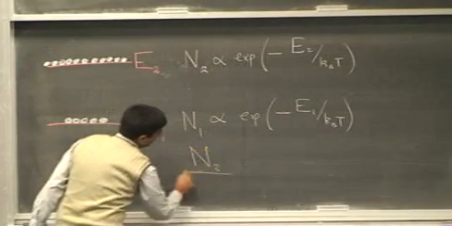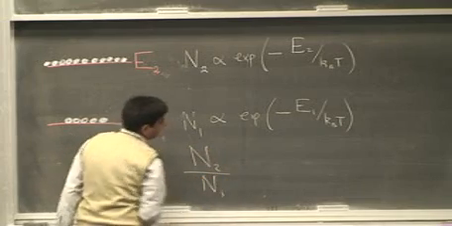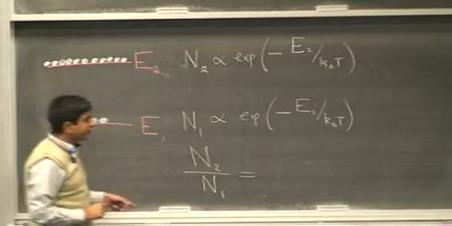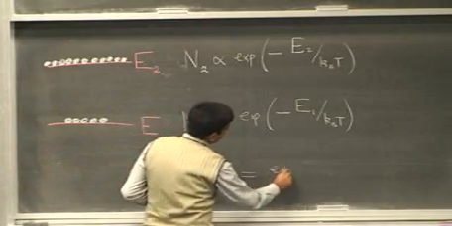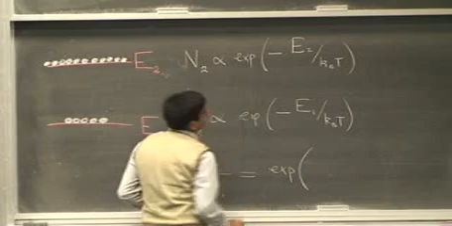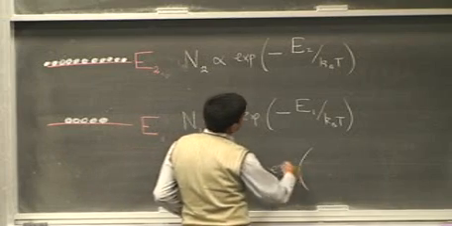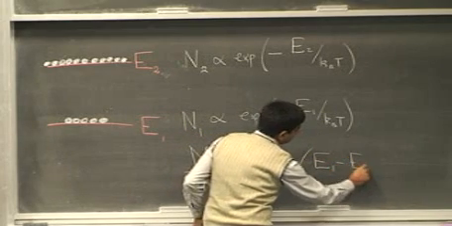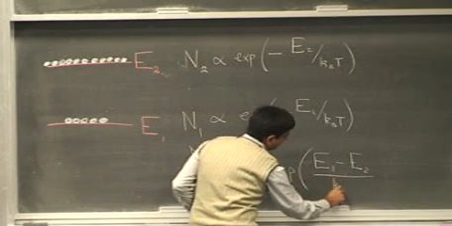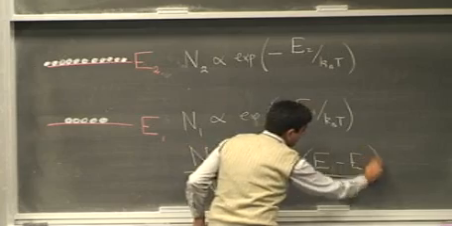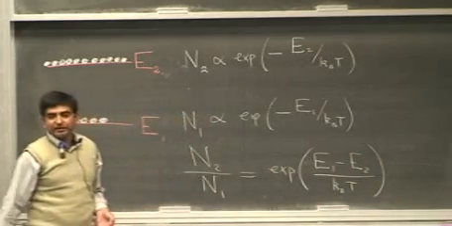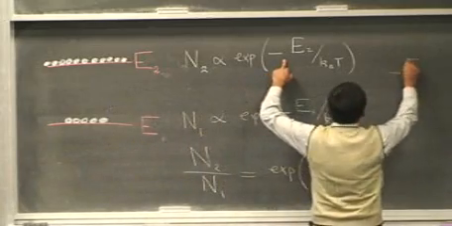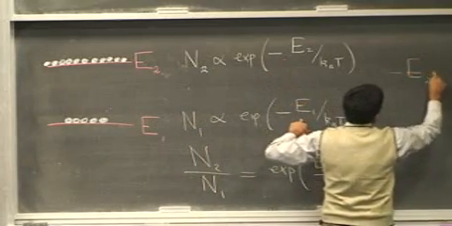N2 over N1 is equal to, it's not now proportional, it's equal to exponent E1 minus E2 over kBT. You just divide this by this, it's minus E2 minus E1, which is plus E1.